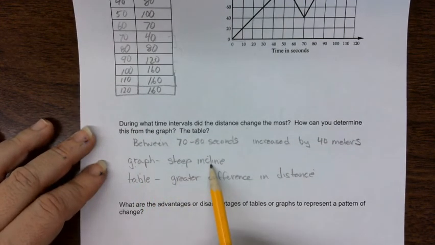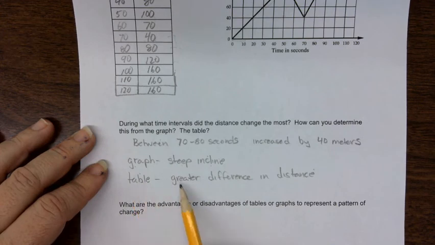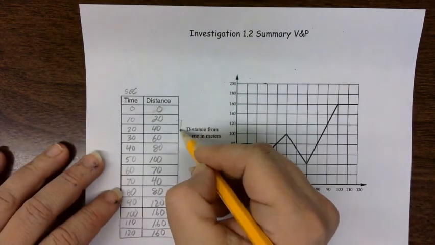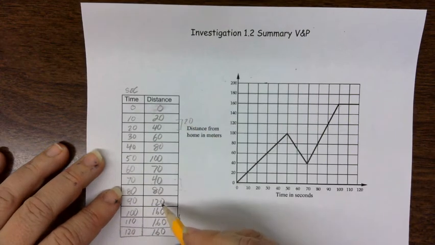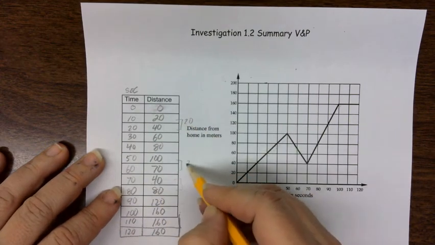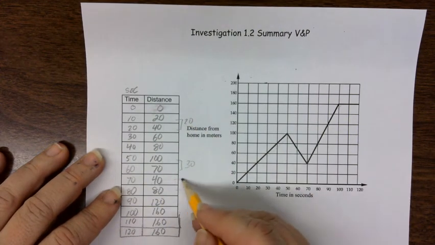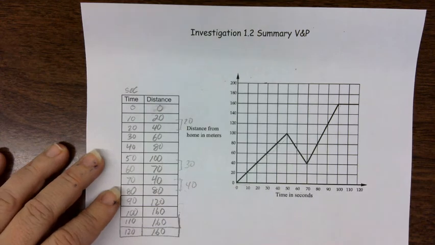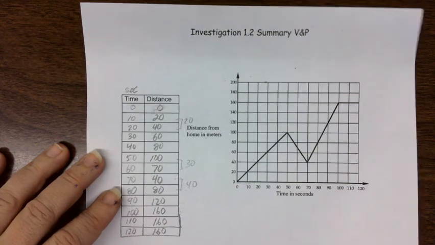So our graph has a steep incline, and my table has a greater difference in the distance. Again, we were going up by 20s over here, changing by 30s here, and changing by 40s here. And that's how you could tell from the table.